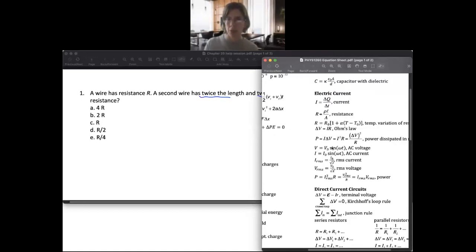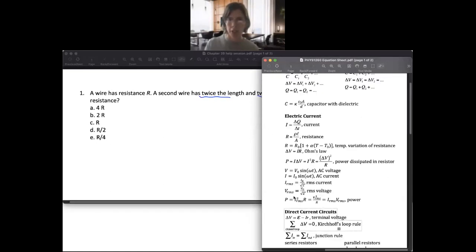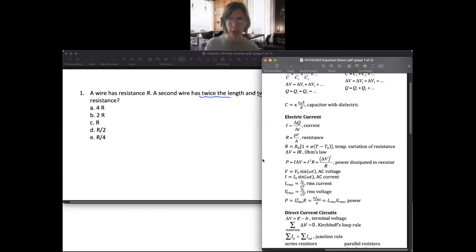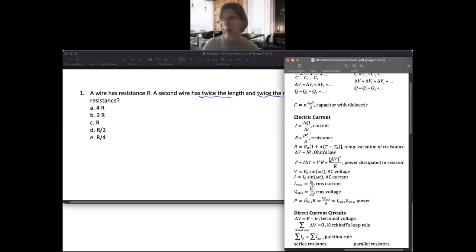There's not too many equations here for this chapter 20 on electric current. Let me open up the chat here. Did anybody find a relevant equation for this one?